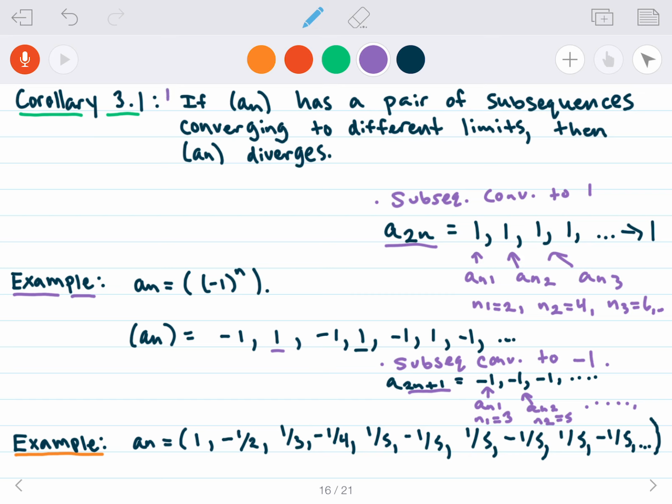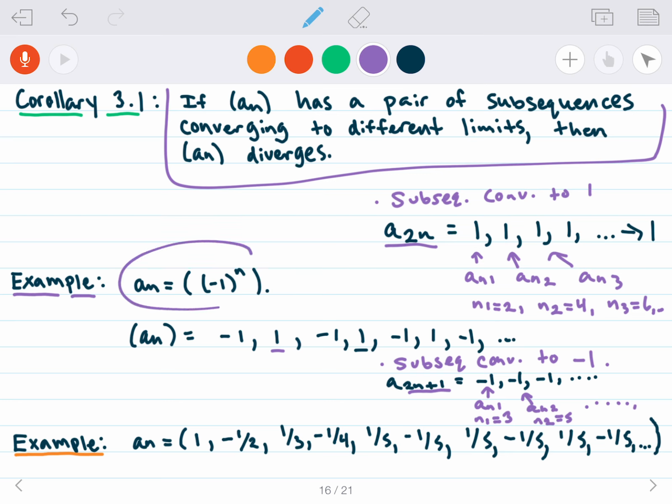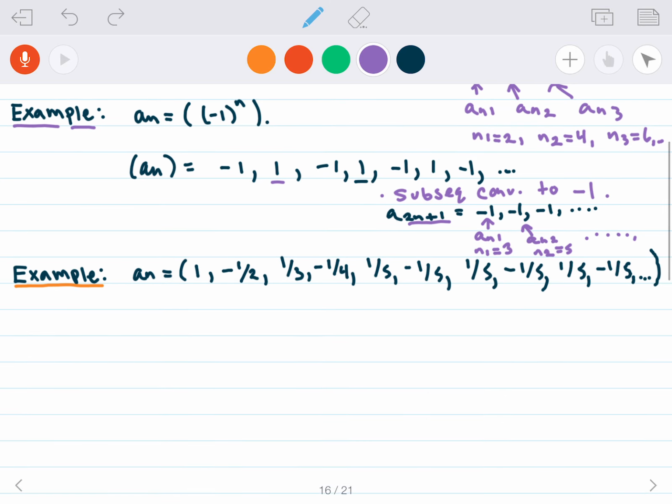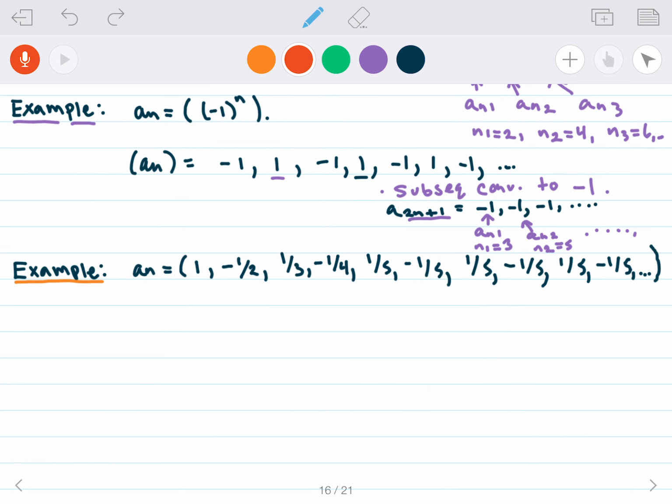Okay, and so by this corollary, I cannot say this word, corollary. By this corollary, since the original sequence has two different subsequences converging to two different limits, then the original sequence diverges. Okay, and so we can have something like this where there's not a listed rule for what the sequence is, but we can see from the pattern that this thing has a subsequence converging to 1/5 and another subsequence converging to -1/5.